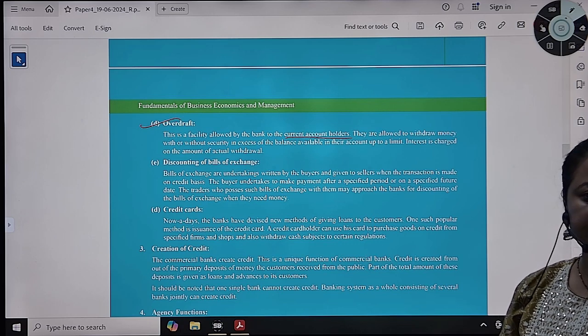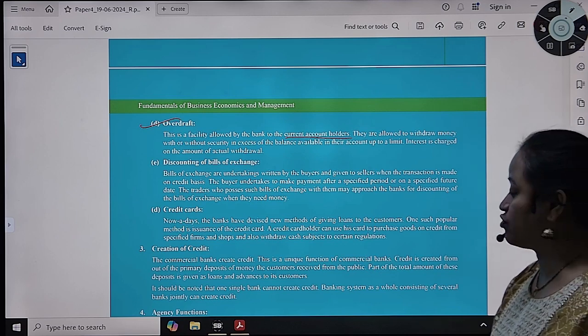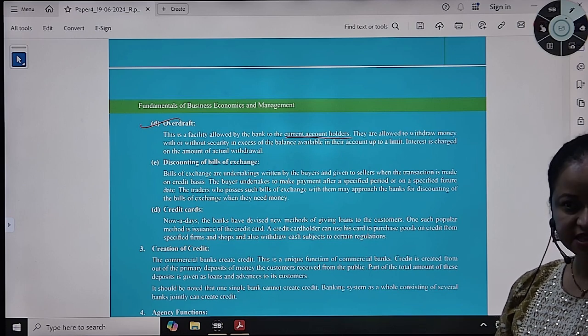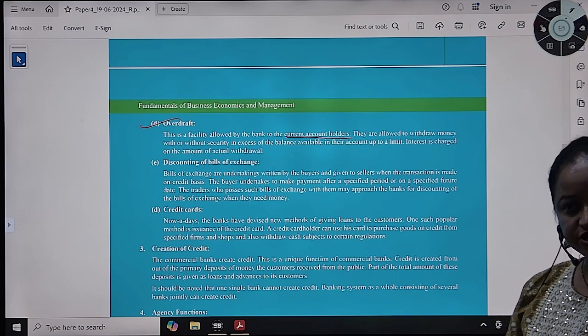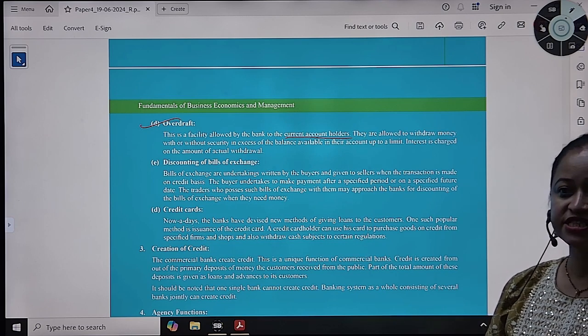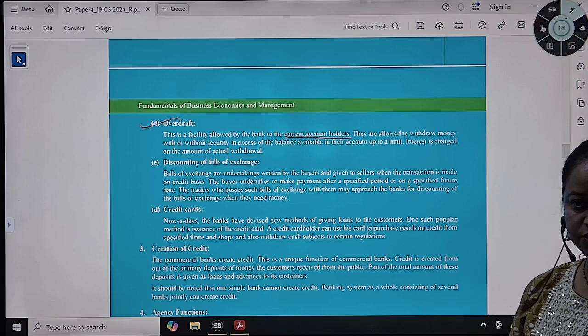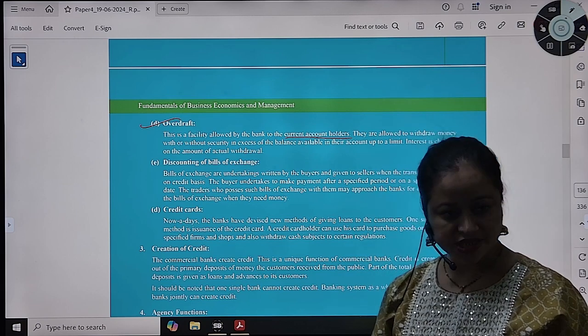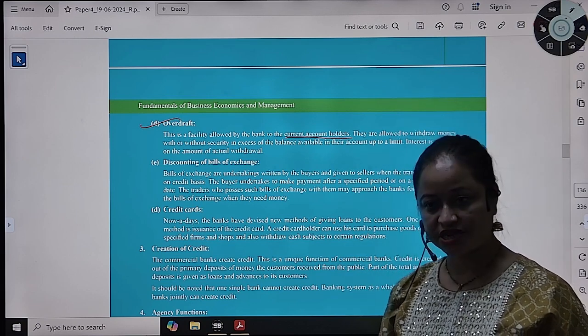What is the right option? Yes, current account holder. Is rate of interest charged or not? Yes, in overdraft, rate of interest is charged. And in a current account, no interest is provided by the bank to the customers. No interest is given. Rest, in saving account, fixed deposit account, as well as recurring deposit account, interest is given to the customers.